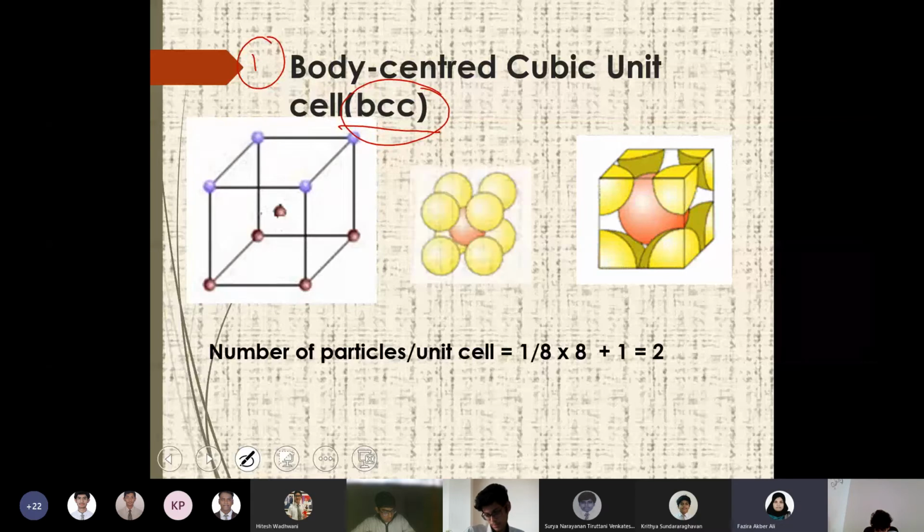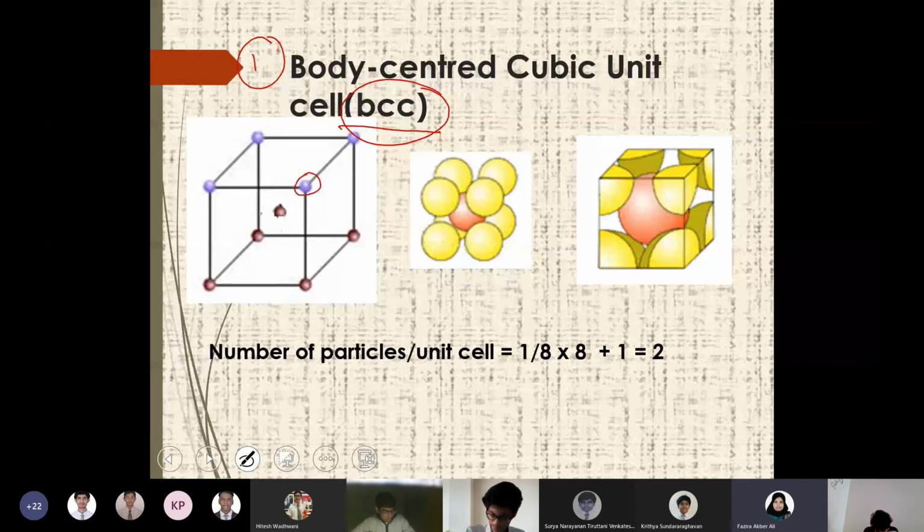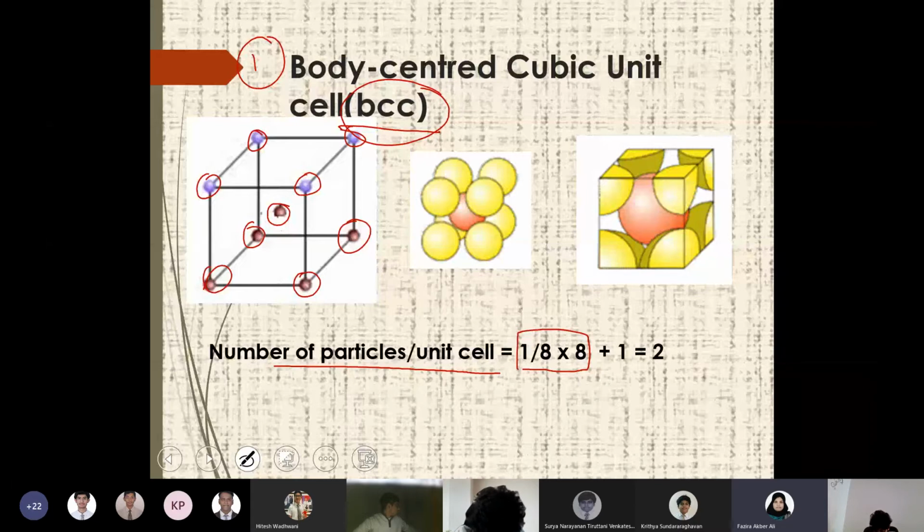As you can see in the diagram, there are 8 corners, and at the center of the cube there is one particle. If you want to count the number of particles per unit cell, it will be 1 by 8 into 8. That is fixed for all the centered arrangements, because that is the very basic thing. 8 corners, each one contributing 1 by 8, so that will become 1, plus one full particle at the center.